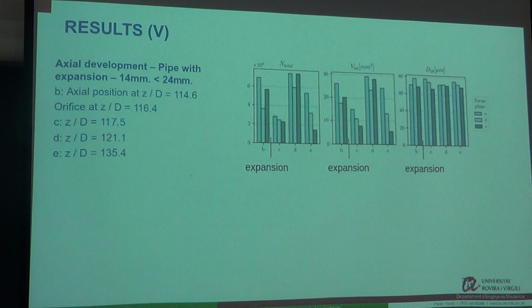Like a developed flow here, there are some peaks here that I don't fully understand yet. Then we have this reduction and the increase again. The expansion is here. So B is very close, it is a developed flow. C is also 1.1 diameters after the expansion. We have the same phenomena, then a big increase, and then this. I was expecting it to be like a developed flow, but I had some imbalance again in the population that I still have to think about what's going on there.